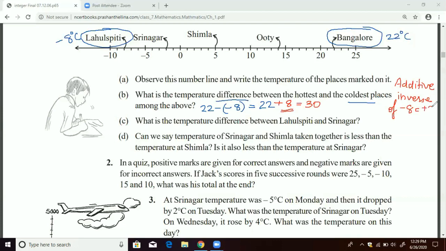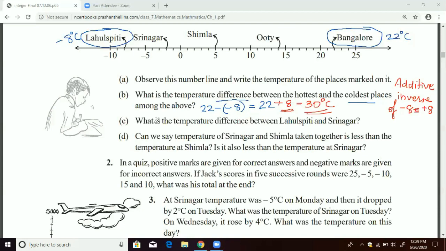So subtraction can be replaced with addition, and the number to be subtracted can be replaced with the additive inverse of the number. So 22 minus minus 8 is equal to 22 plus 8, that is equal to positive 30. So the difference between the coldest place and the hottest place is 30 degrees Celsius.